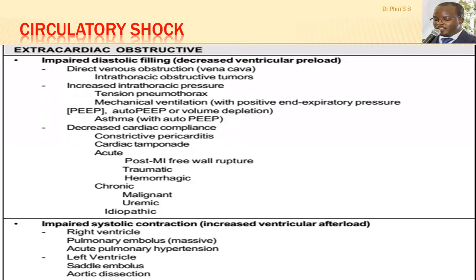Then you can also have impaired systolic contraction, where you're going to have increased ventricular afterload. So the resistance is increased here. All these will result in obstructive shock. So there is obstruction, and this obstruction will result in a decrease in cardiac output. Blood pressure will decrease, and blood flow is also going to decrease. That will result in circulatory shock.